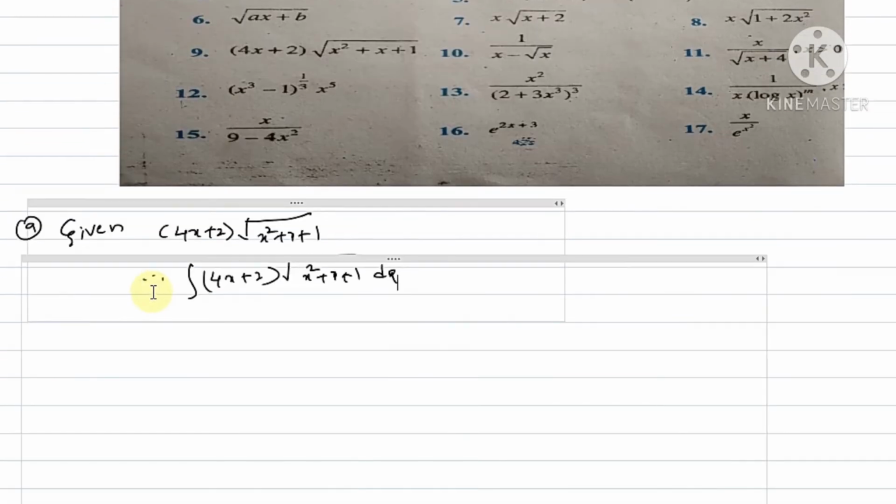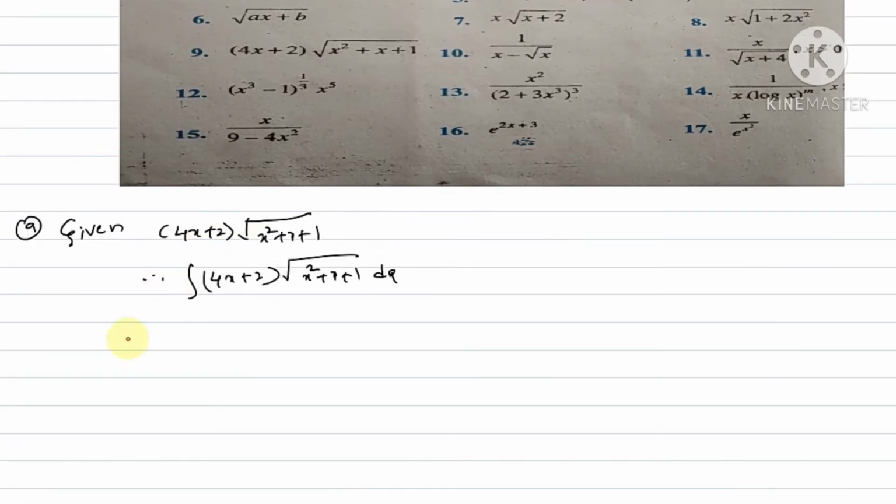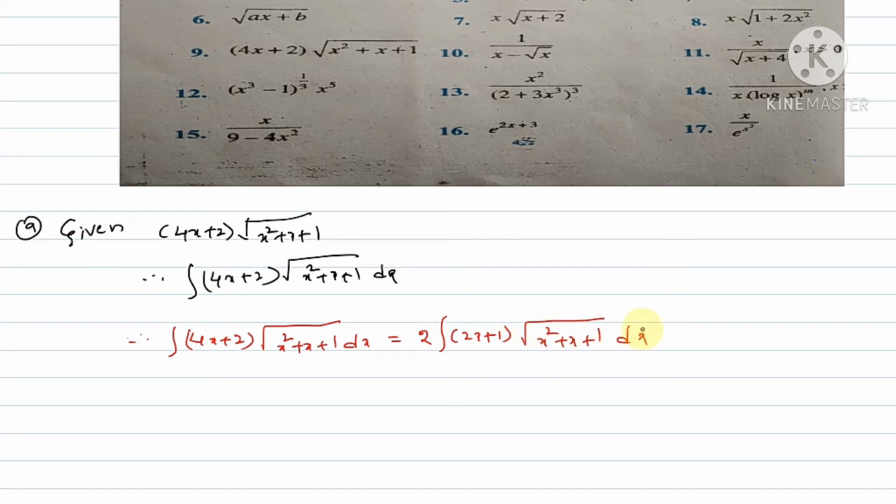So this I am doing. The integral of (4x plus 2) square root of (x square plus x plus 1) dx. Here I am taking 2 common, so 2 comes out, and the integral of (2x plus 1) under root of (x square plus x plus 1) dx.